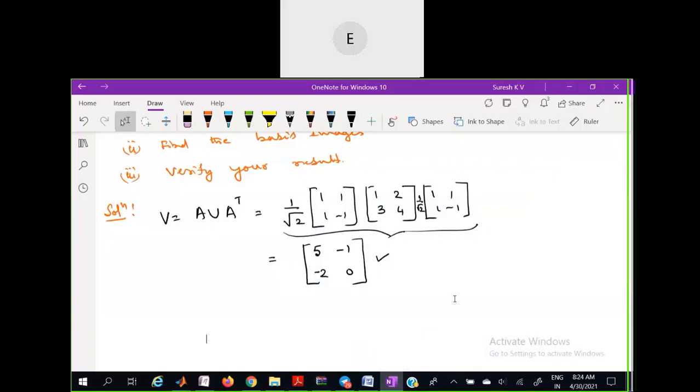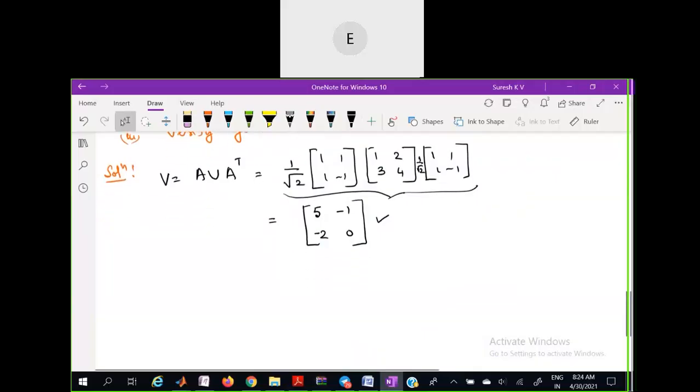A is a symmetric matrix, therefore A transpose is A. So let me just write it again. A conjugate transpose will be, for this problem, don't think this is always true. For this problem, A conjugate transpose is A itself because it's a real matrix and also a symmetric matrix.